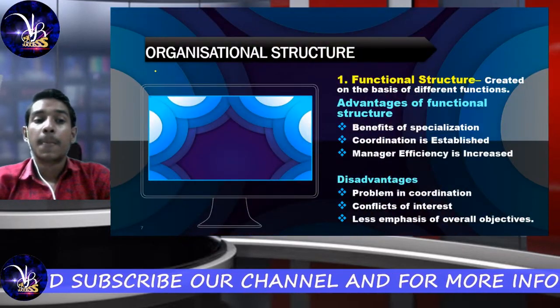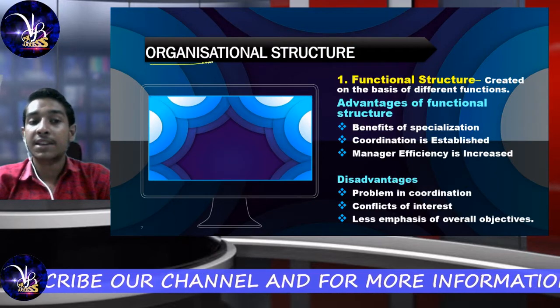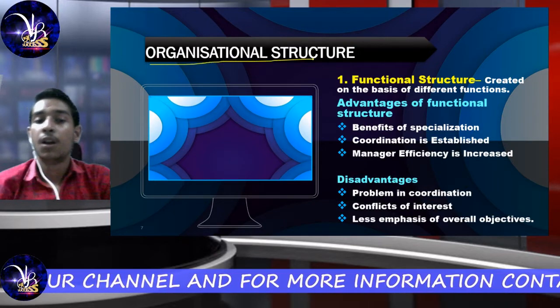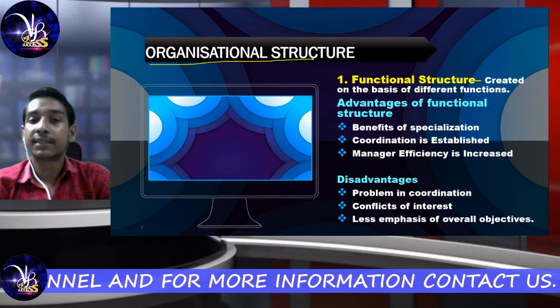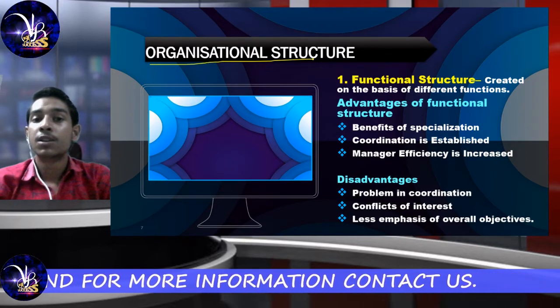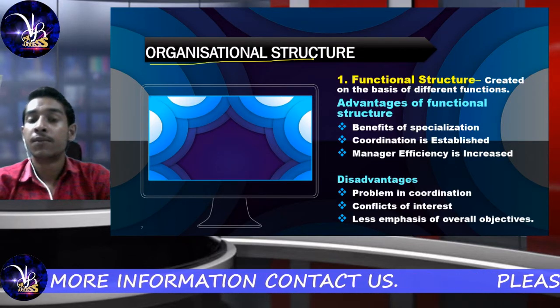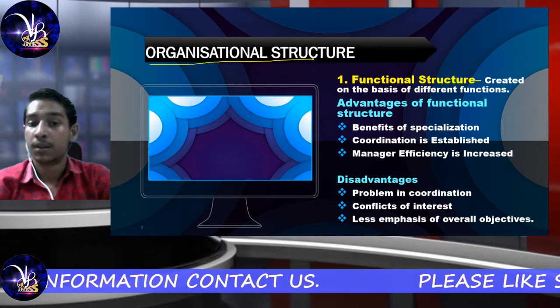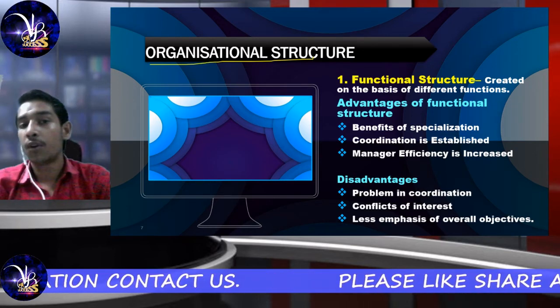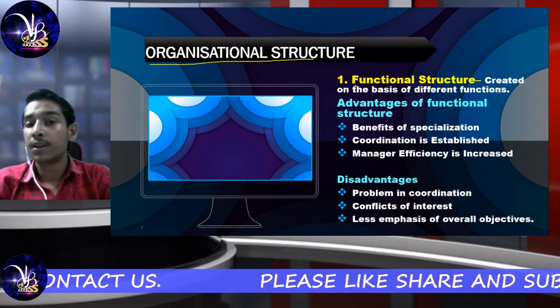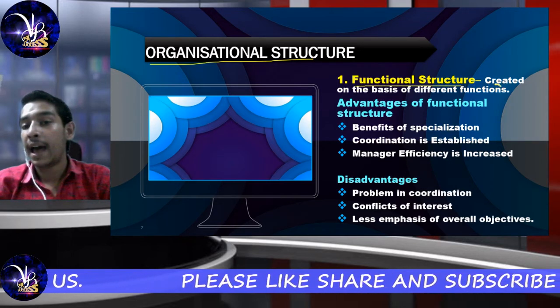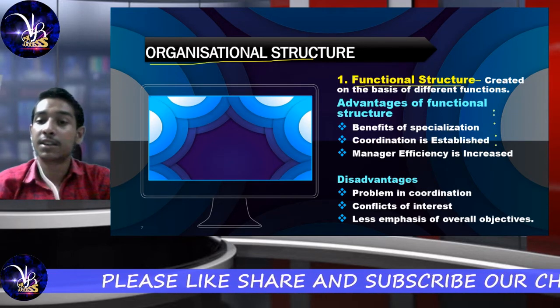So let's come to the organizational structure. Organizational structure is the type in which the organizations perform their work. There are mainly two types of organizational structure. First is functional structure and second is divisional structure.